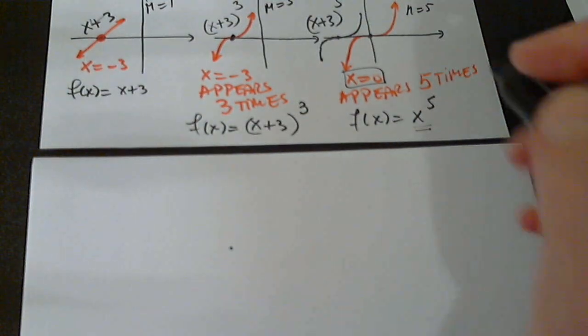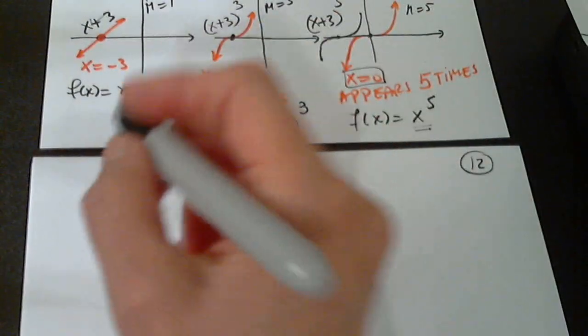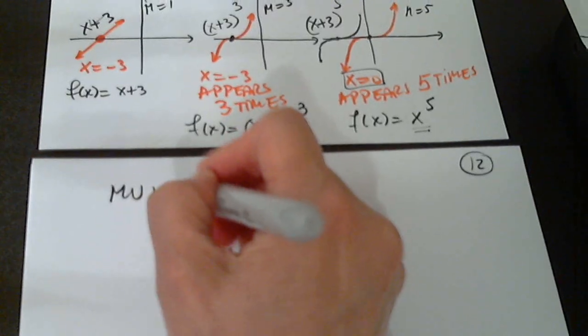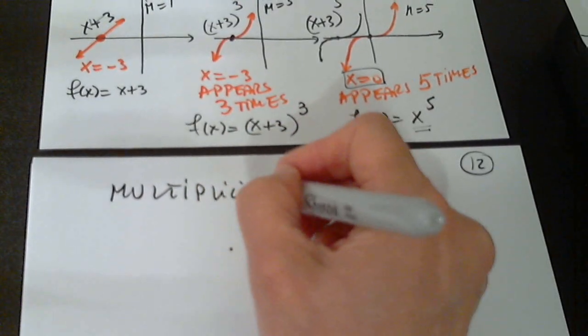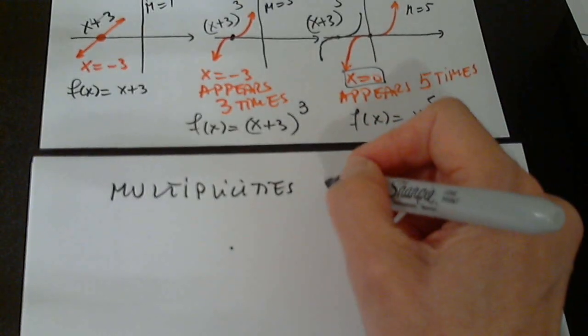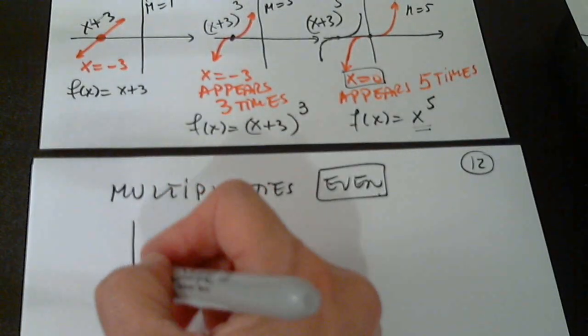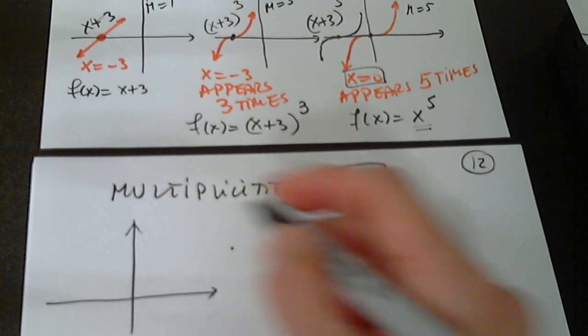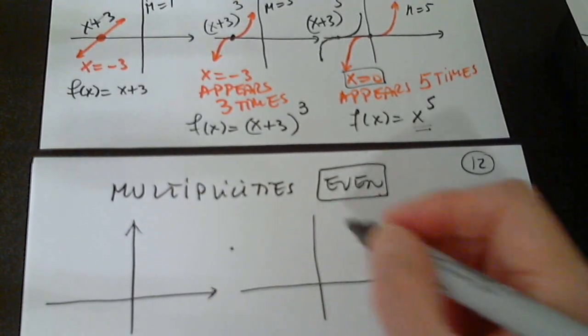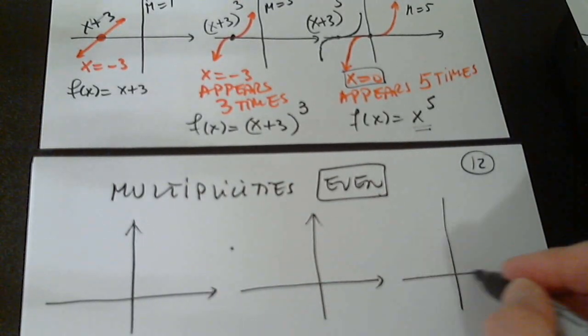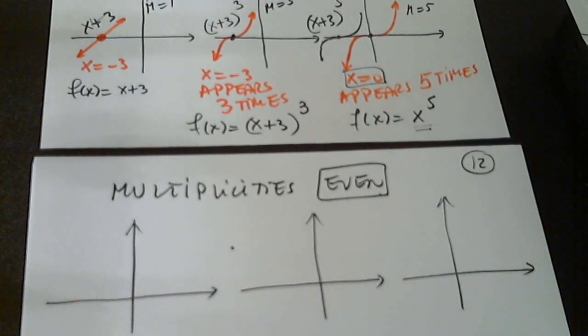Higher degree polynomial functions. Okay, multiplicities that are even, and you'll see what happens with even. Here's what happens with even.